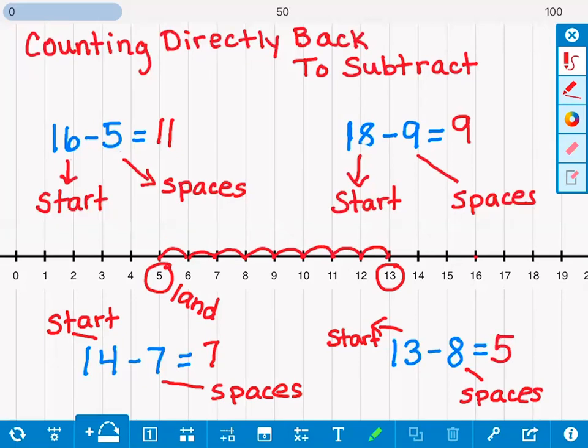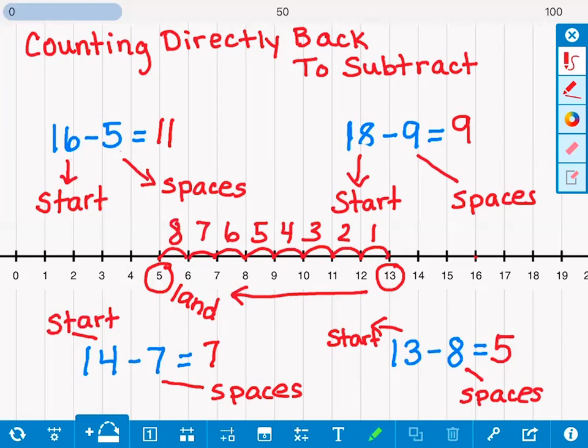You can see I went backwards, and you can see the 8 spaces. 1, 2, 3, 4, 5, 6, 7, 8. So it's very simple to use the number line to subtract.